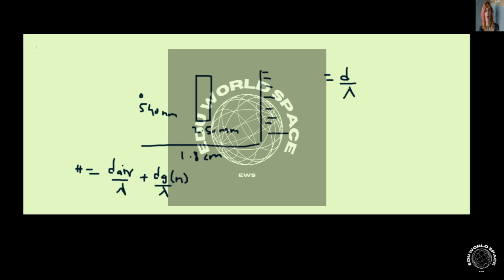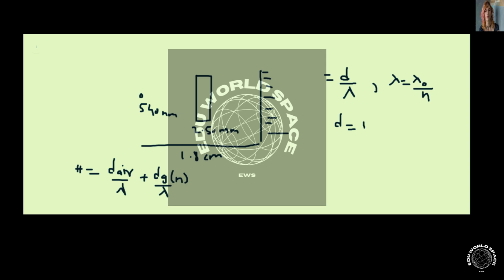We can write lambda in a material by this relation: lambda in a material is equal to lambda in a vacuum over the refractive index. Then we can find the distance in air by subtracting the distance of the glass from the total distance.